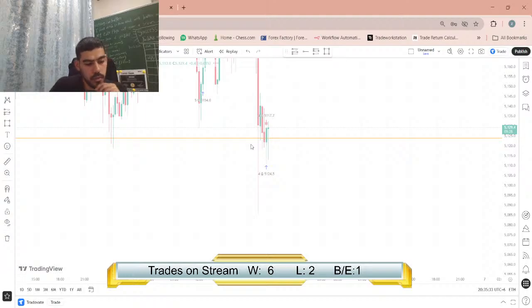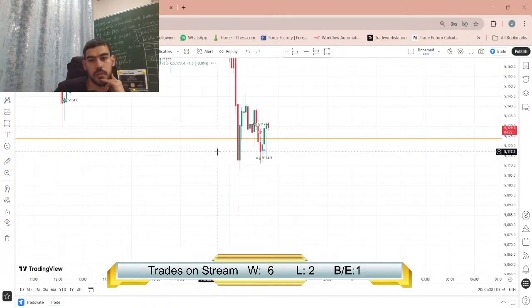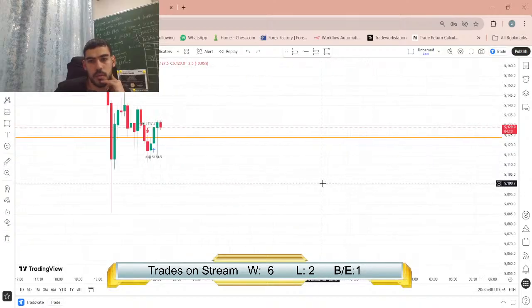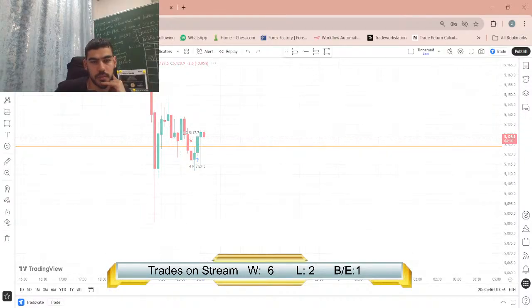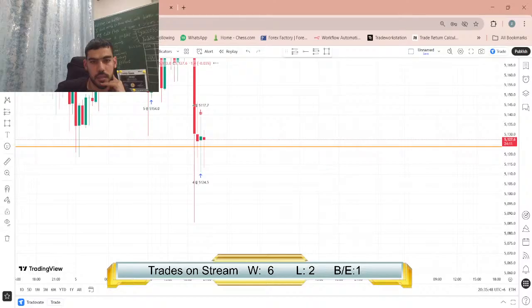Man, confusing. What kind of price action is this? This is not New York volume. Not at all. What the heck? This price is consolidating now. Look at that. Consolidating in New York.